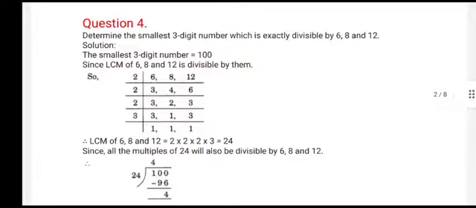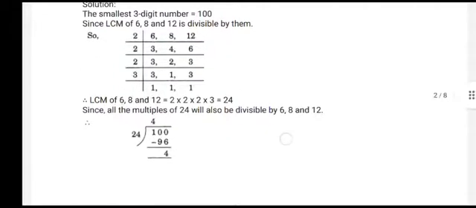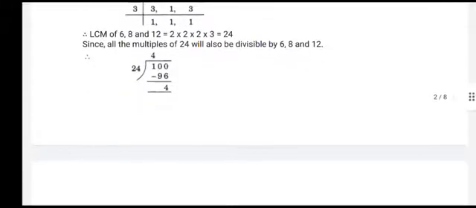Now students, here determine the smallest 3-digit number which is exactly divisible by 6, 8 and 15. As we have to find the smallest 3-digit number which is exactly divisible, what are we going to do? We are going to do the common factorization by taking the LCM, and you get the answer as 24. All multiples of 24 will also be divisible by 6, 8 and 15.